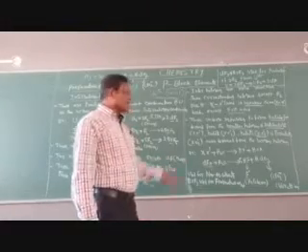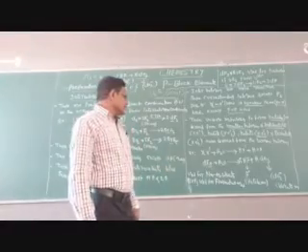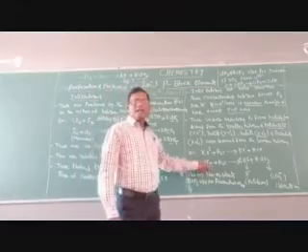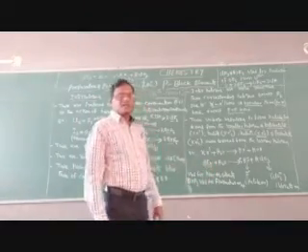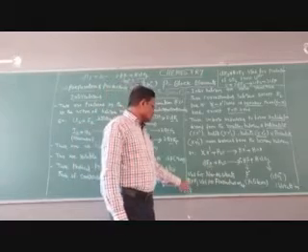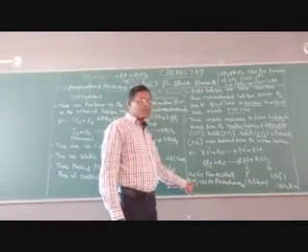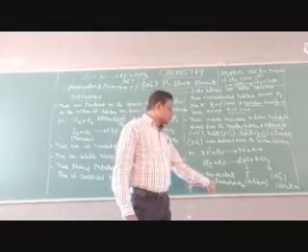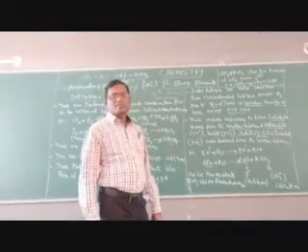But what are the uses of interhalogen compounds? These are used as non-aqueous solvents. That is one of the important uses. Next, one of the interhalogen compounds, BrF3, bromine trifluoride, is used as a fluorinating agent.